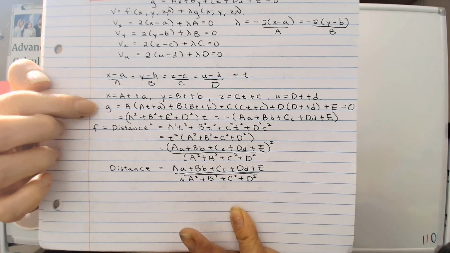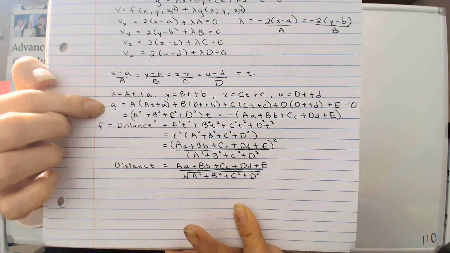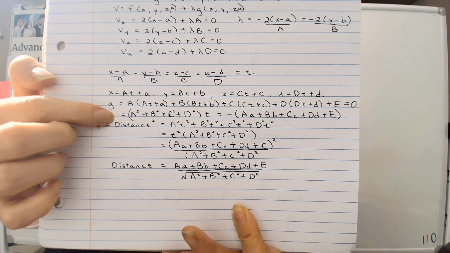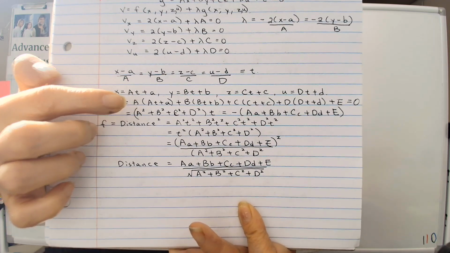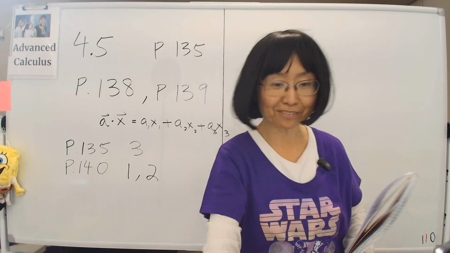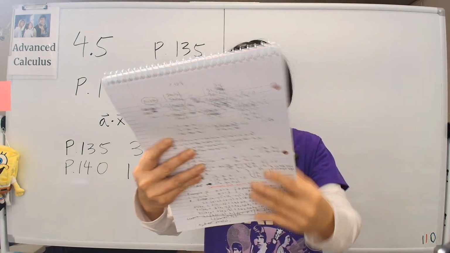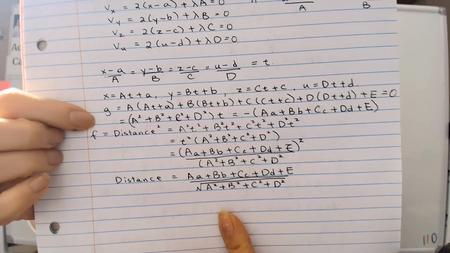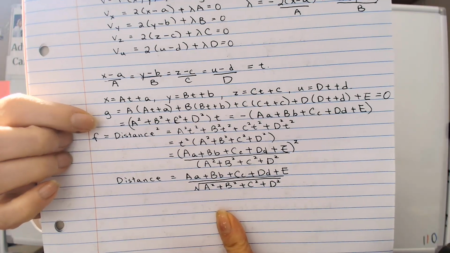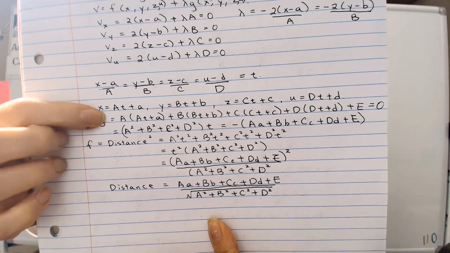And then I'll plug it into g, which gives us g equal to this thing, which equals the other thing. And then, give me a second, I'm confusing myself. Okay, so I figured that out. I guess g equals that whole thing equal to 0, okay?